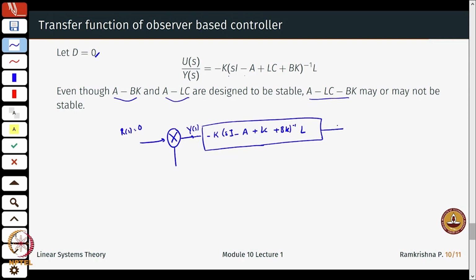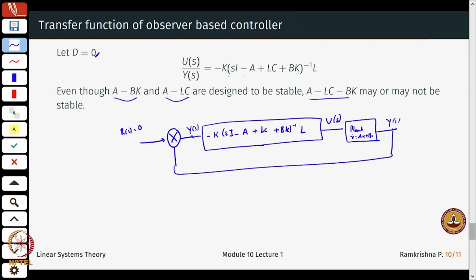Then this will be u of s, and this u of s will go to my plant, which is of the form x dot is Ax plus Bu, and this will give me some measurement y of s and be fed back in this way.